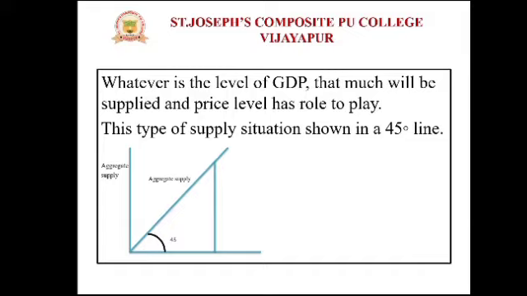So the price level plays a major role in the macroeconomic variables. This type of supply situation is shown by the 45-degree line. You can observe in this diagram the 45-degree line, which shows the supply situation under a fixed price level.